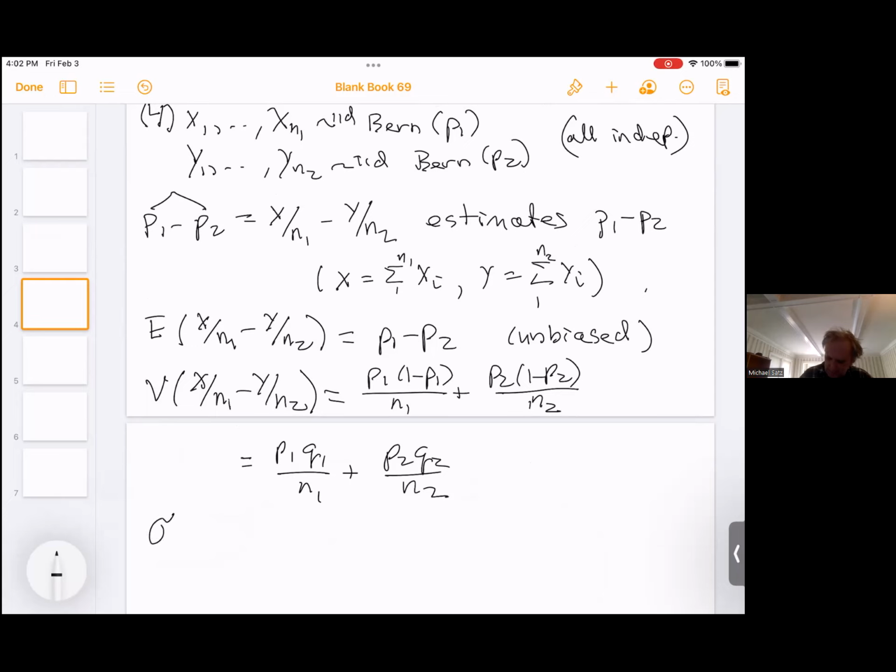And sigma of X over n1 minus Y over n2 is equal to the square root of that. Okay, very good. This is it for 8.3.